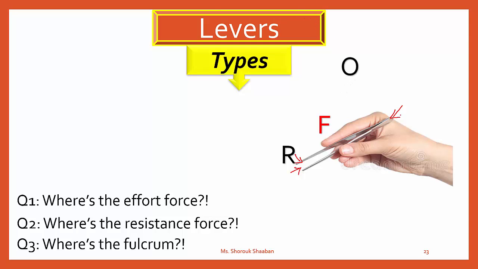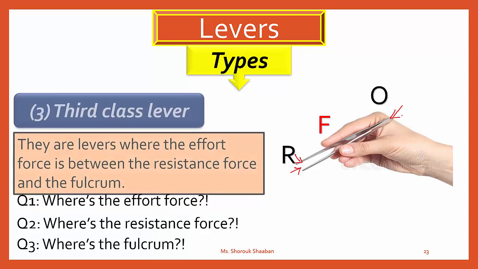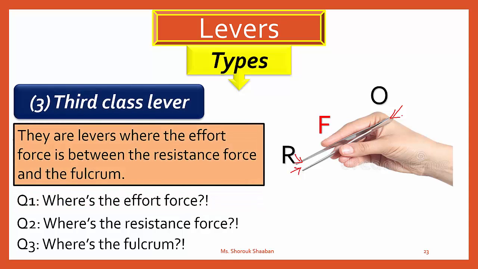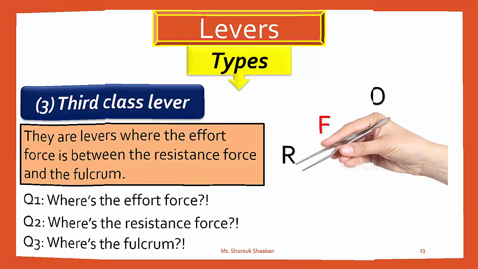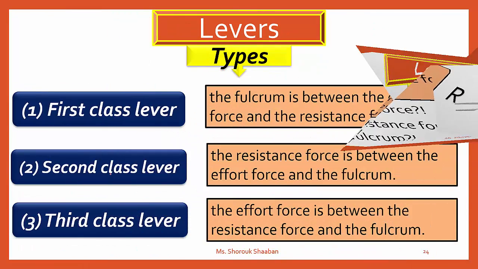Here. So this is my fulcrum. Now you can tell me what's in between? Effort force. This is a third class lever, the levers where effort force is between resistance and fulcrum. This is all the types of levers.